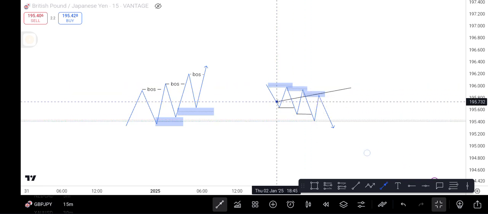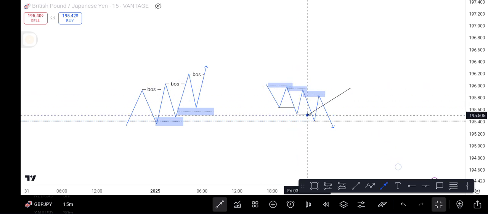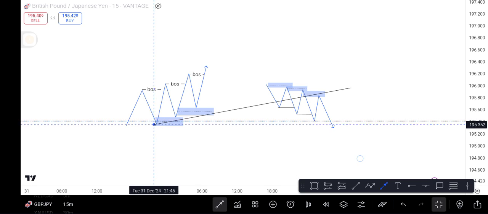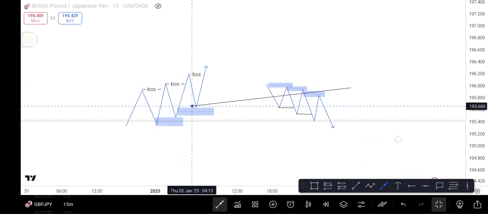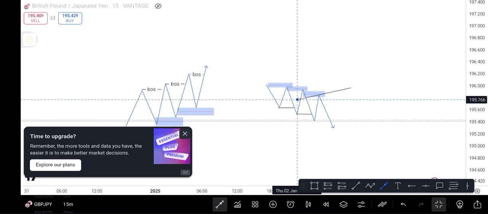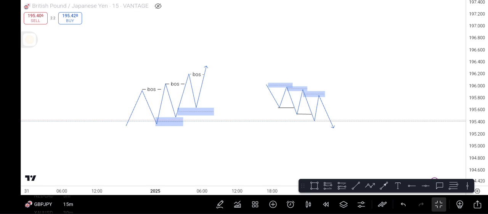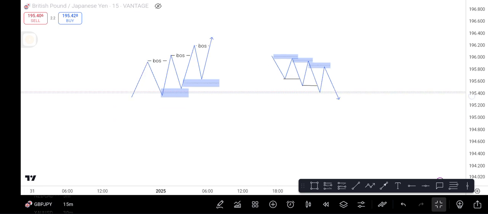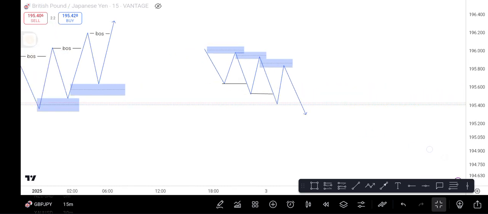So sometimes we call this the impulse pullback, impulse pullback, impulse pullback. And the same thing for the buy scenario: the impulse, the pullback, impulse, pullback. Some people will change pullback for correction, but it's all the same thing. So it's basically you run, you rest, you run, you rest. So that's the condition for the supply.